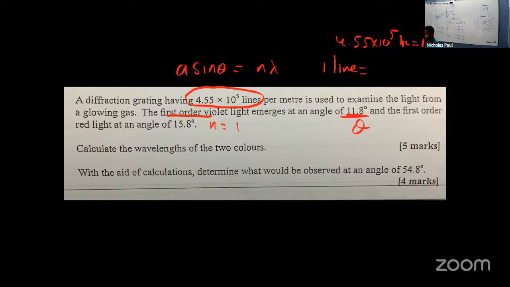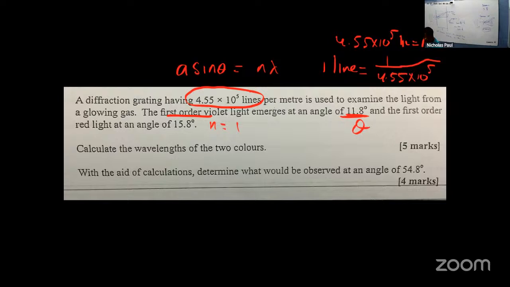What is the thickness of one line? It's 1 over that, right? 1 over 4.55 by 10 to the 5. That's one line. Leave it just like that.